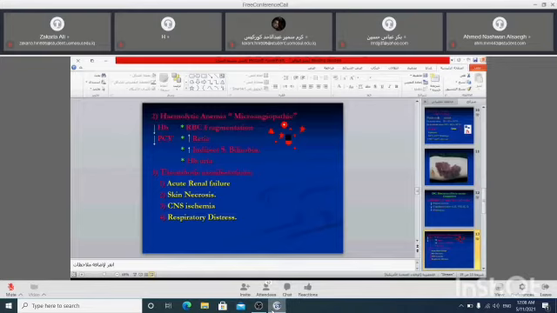When the RBCs in the circulation pass rapidly through these thrombi, there is damage to these RBCs. We see them in the blood film as fragmented RBCs, as schistocytes. Fragmented RBCs. We call it microangiopathic hemolytic anemia. In the blood film we see fragmented RBCs.